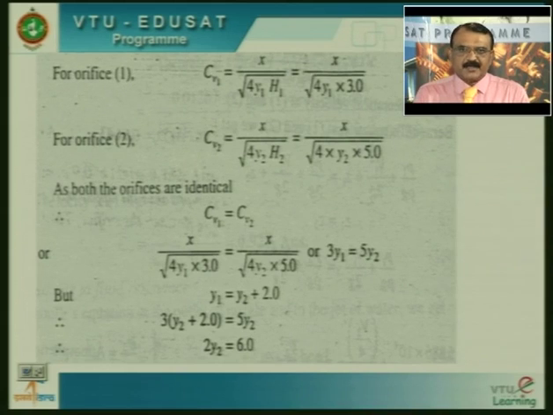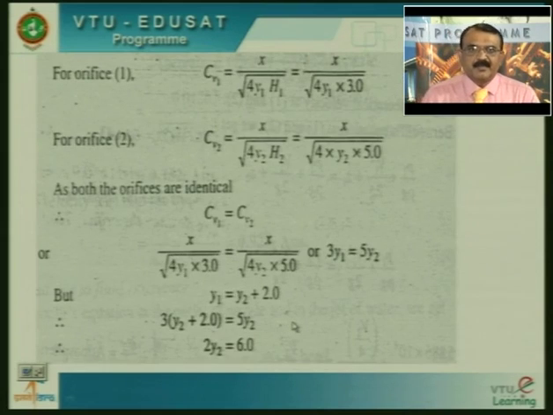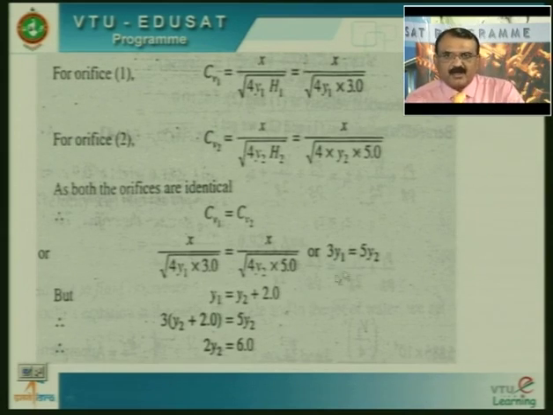Now if you go back to the earlier step, look at this. I have one more relation. What is this relation? y1 is equal to y2 plus 2. This is one relation. Then 3y1 is equal to 5y2, or y1 is equal to 5 divided by 3 y2.